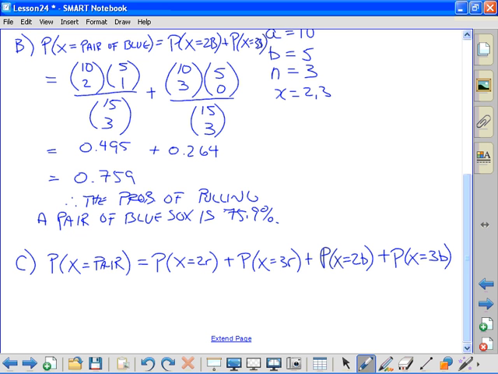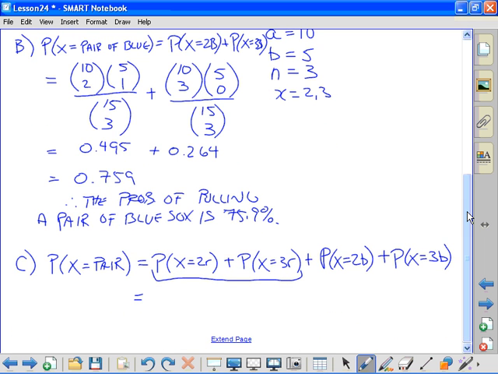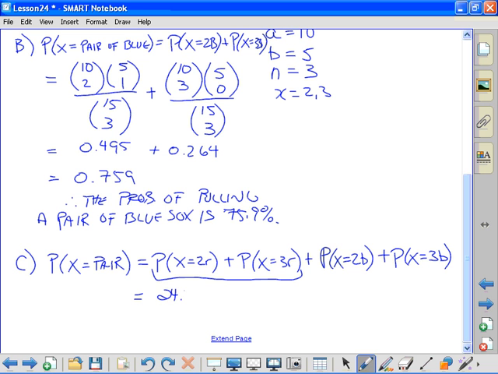Well, we've done all the calculations above. We know that this particular answer from above was 24.2%, plus we know the answer we just did in B part was 75.9%. If I add those together, 75.9 plus 24.2, I get 100%, off by a little bit.